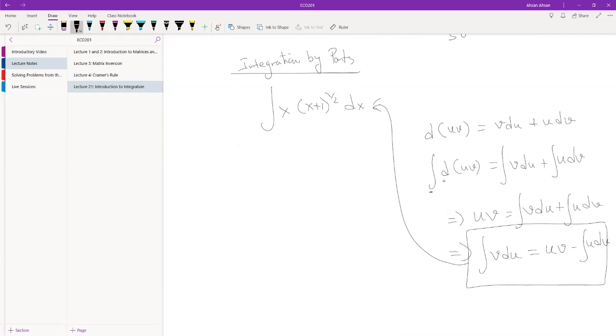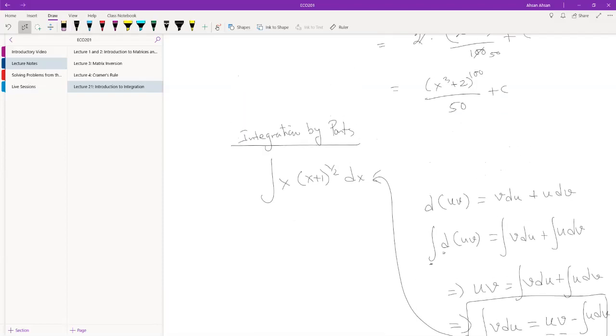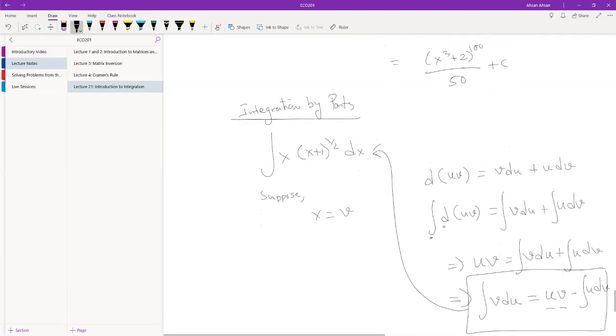Okay. So of course, notice here we have both u and v. So instead of assuming, let's say, x equal to u, we're going to have to assume values of both u and v. So let's start off by assuming that x is equal to v and 2/3 (x plus 1) to the power 3/2 equals u.